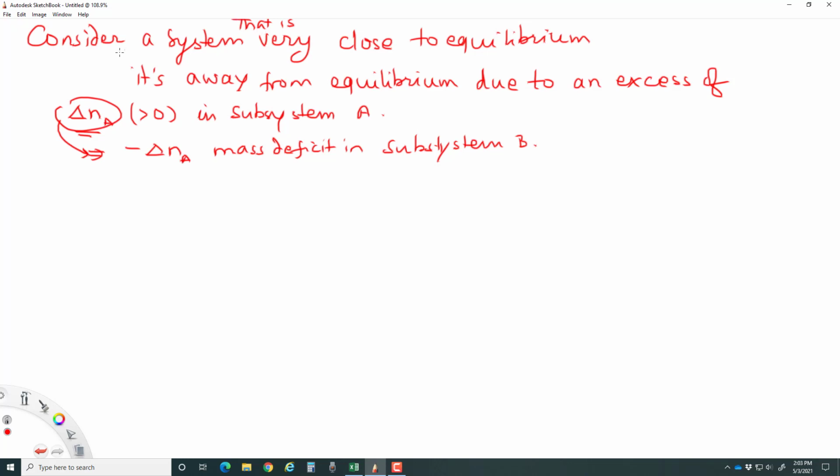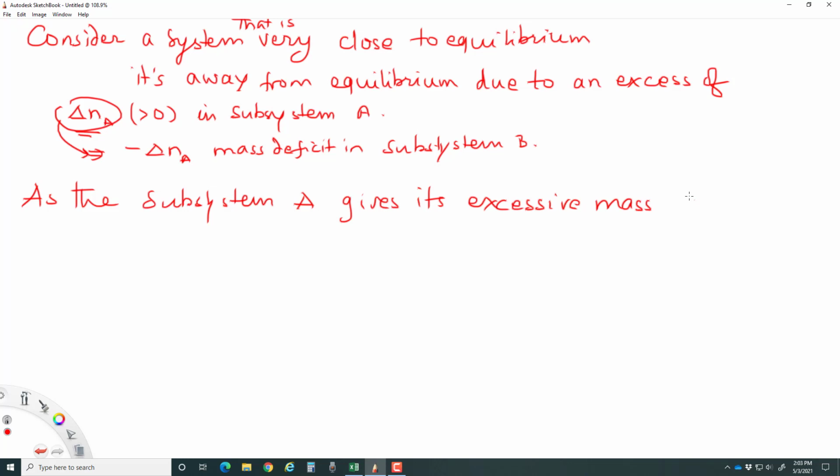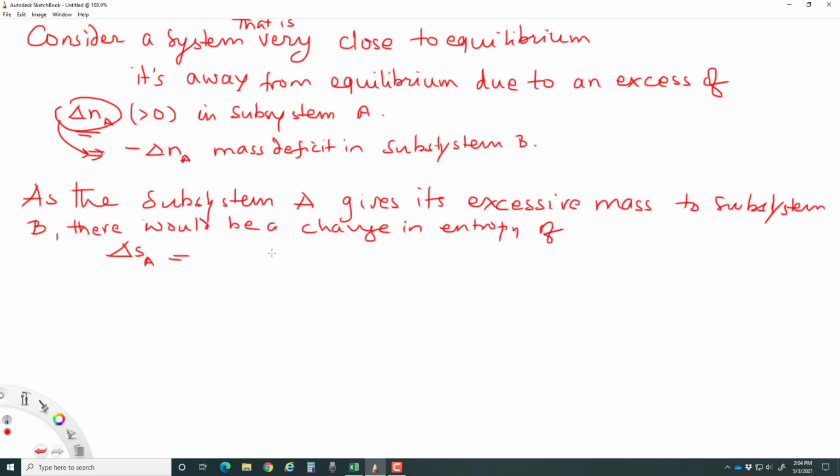So as subsystem A gives its excessive mass to subsystem B, there would be a change in entropy, which is given by delta SA is mu A over T. We saw that the heat involved is mu times the number, in this case delta NA, and it's negative because it's the decrease in the number.